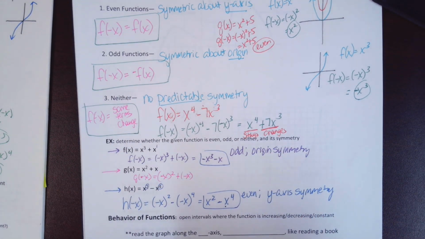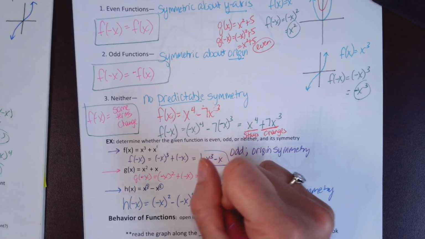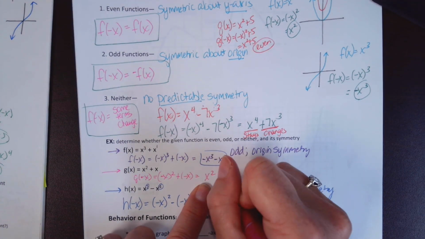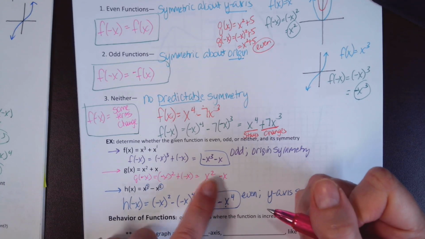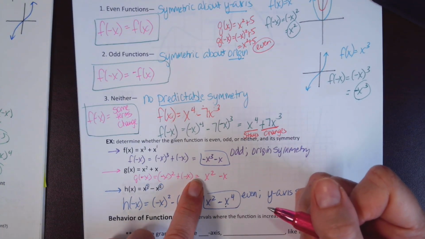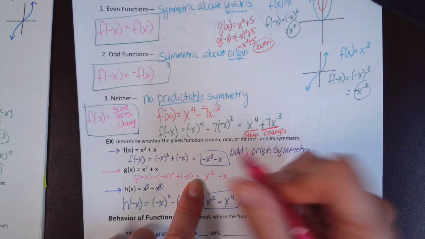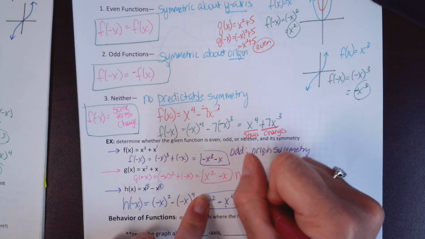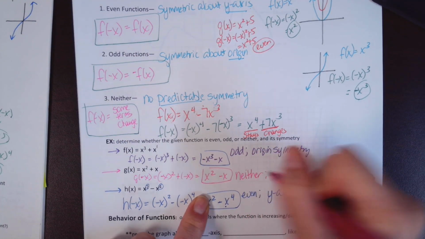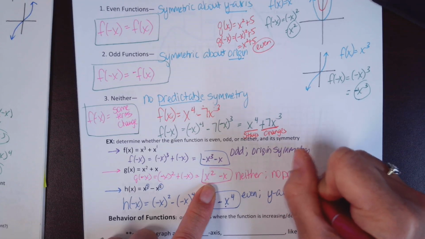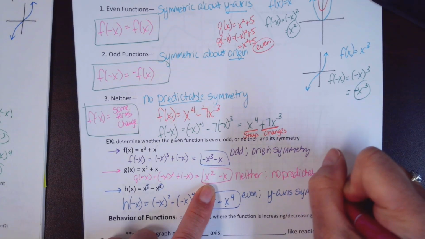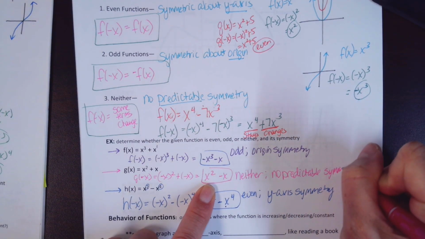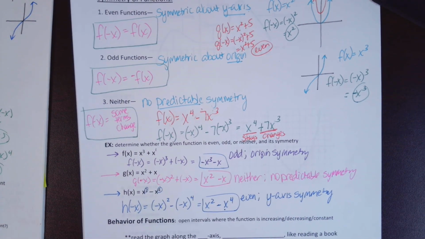When it's just x to negative x, that is definitely a change. So stays the same, changes sign. Got to be all or nothing for even or odd. So this one comes out to be neither even nor odd, which means I have no predictable symmetry.